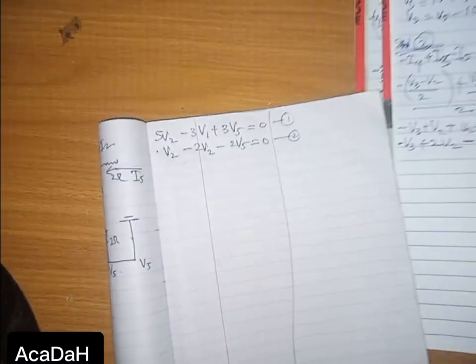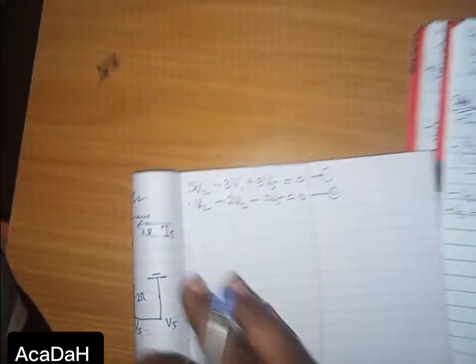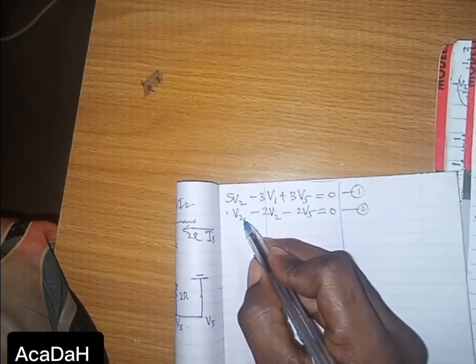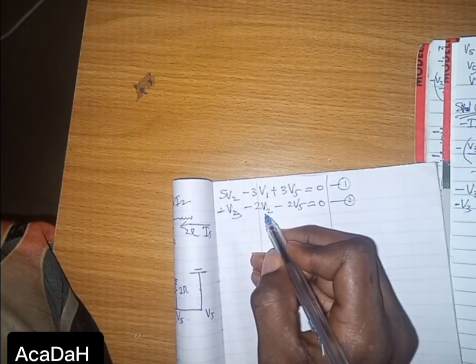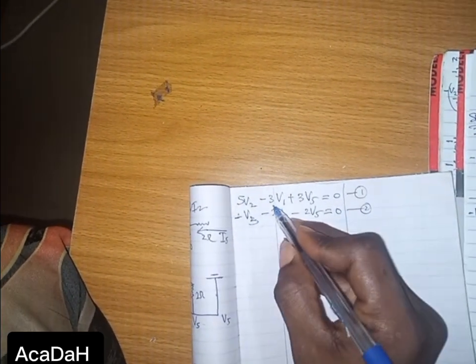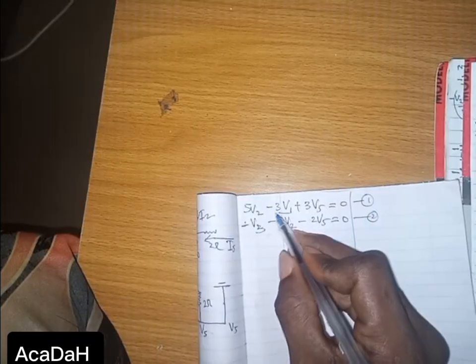Now check out something: we already know what V1 is. Let's now substitute here.